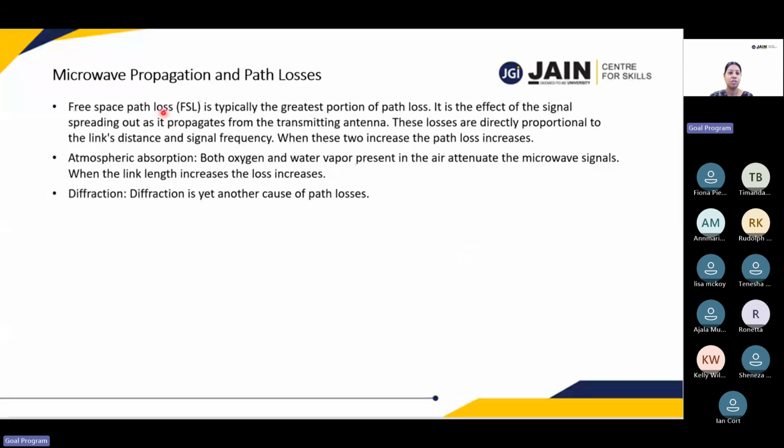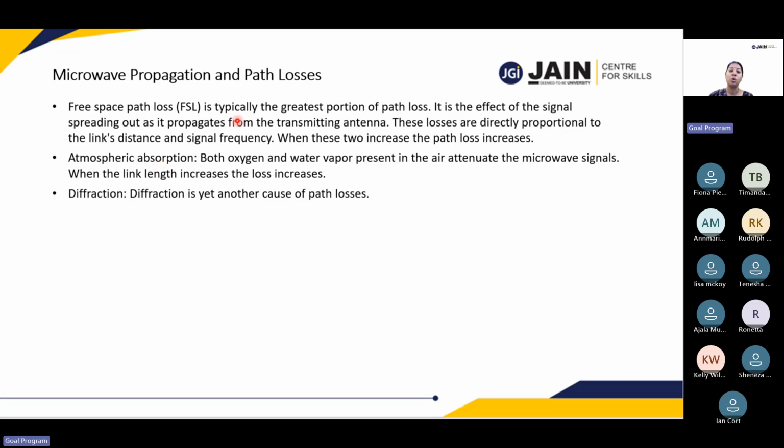Free space loss is typically the largest portion of path loss. It is the effect of the signal spreading out as it propagates from the transmitting antenna. These losses are directly proportional to the link's distance and signal frequency. When these two increase, the path loss increases.